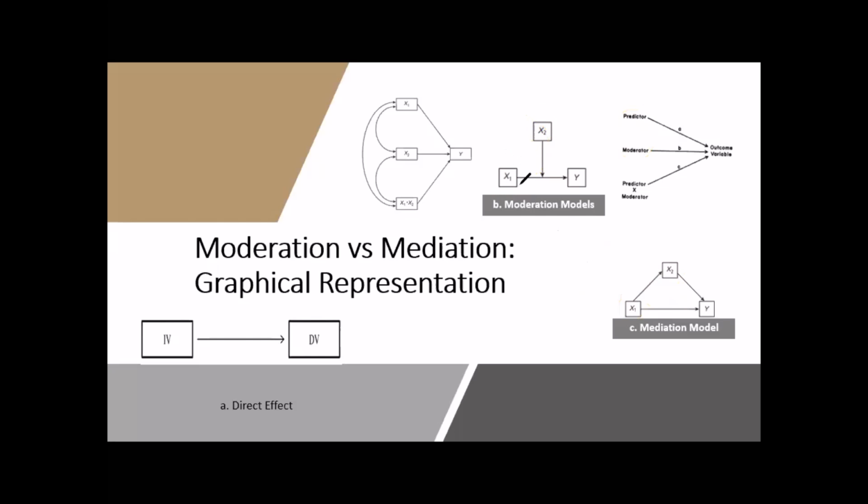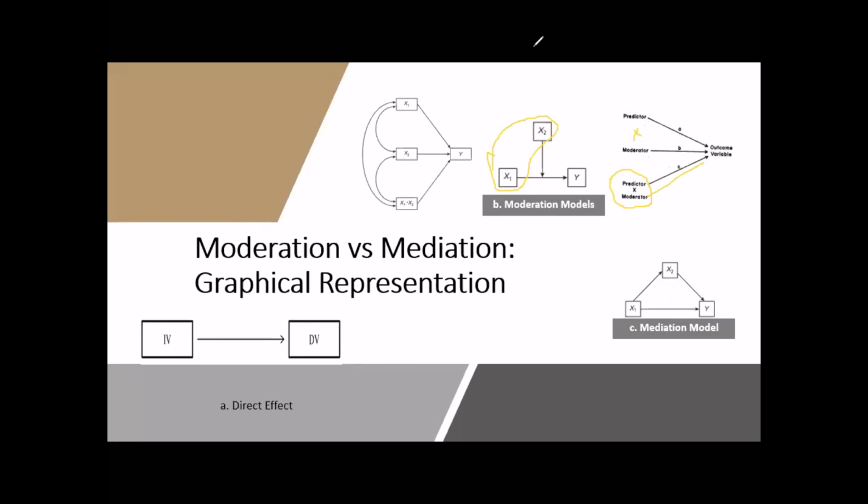So I'm repeating again that the key distinction between mediator and moderator is that in the moderation analysis, the predictor and the moderator do not have a significant relationship. Plus, there is a condition that this interaction term, computed by multiplying the predictor with the moderator, should be significant.